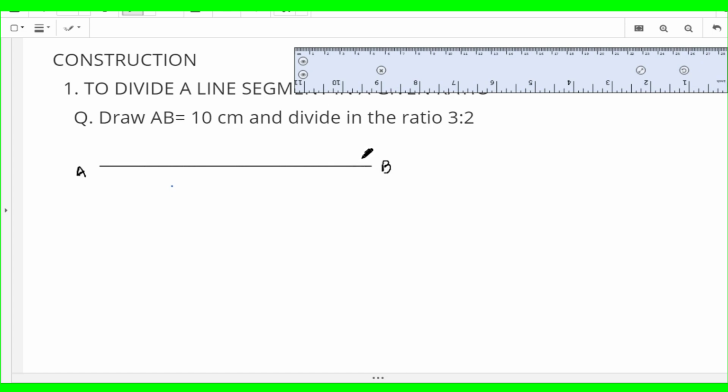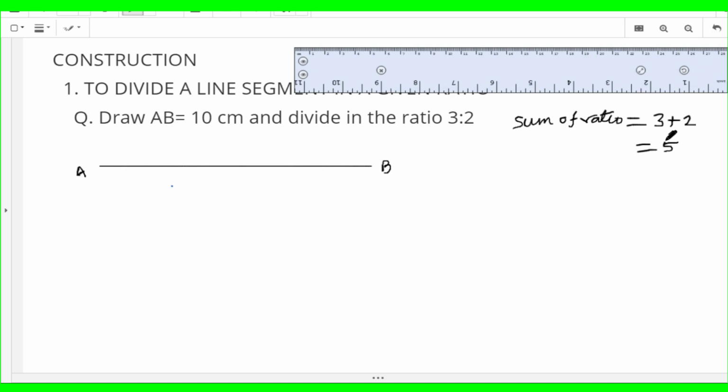So first you write the sum of the ratio. Sum of ratio is 3 plus 2 is equal to 5. Keep it in mind, this 5 has an important role in this construction.